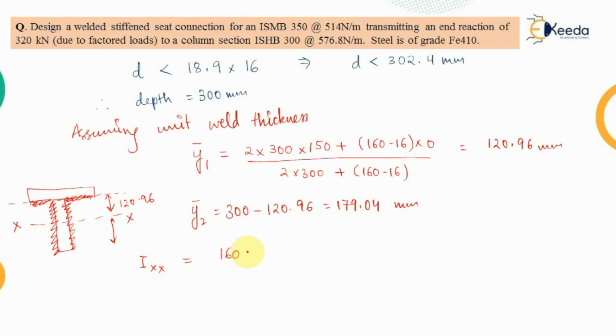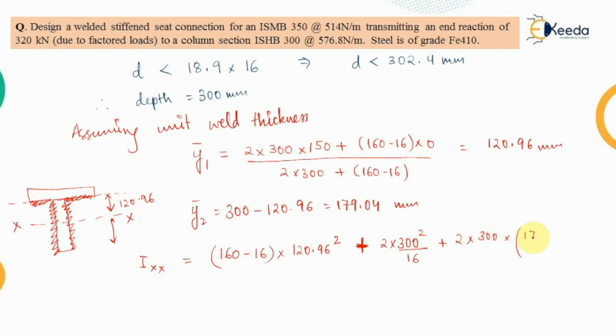So directly, the area is 160 minus 16 into unit thickness, that is 1, into the perpendicular distance from the CG, that is 120.96, its square, plus twice the value of this depth, that is 300 square divided by 12, plus, because both the sides are being taken here, 2 into 300 into 1, that is the area, with 1 being the unit thickness of the weld, into the perpendicular distance.